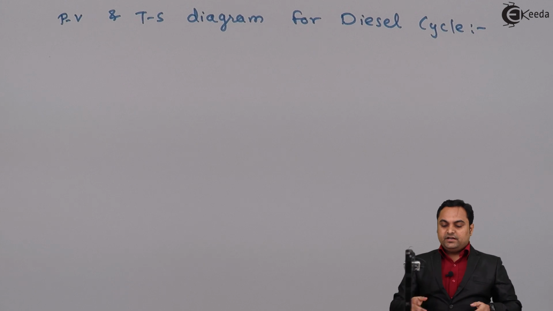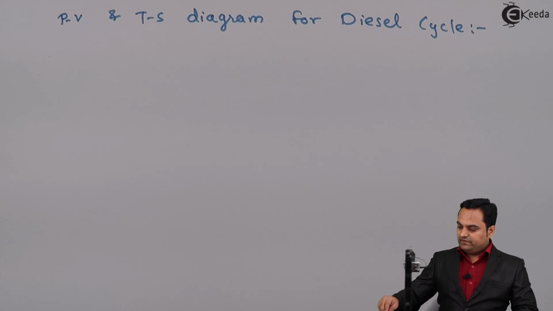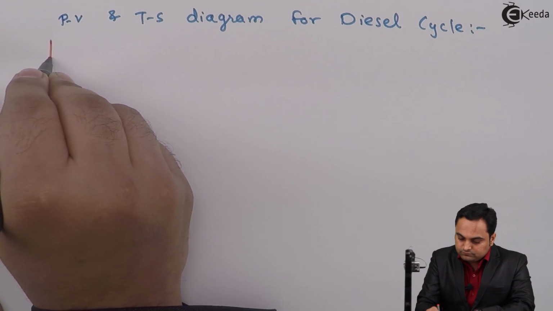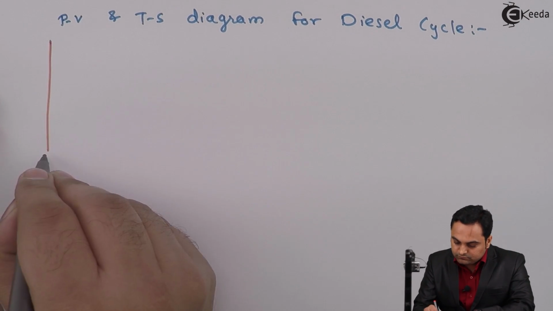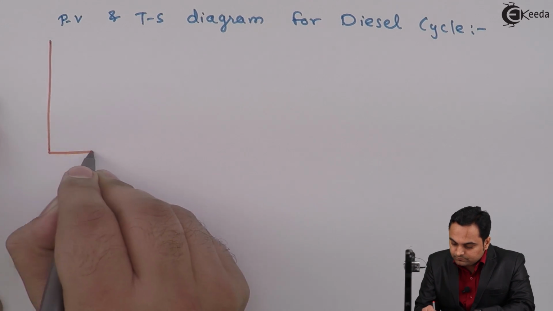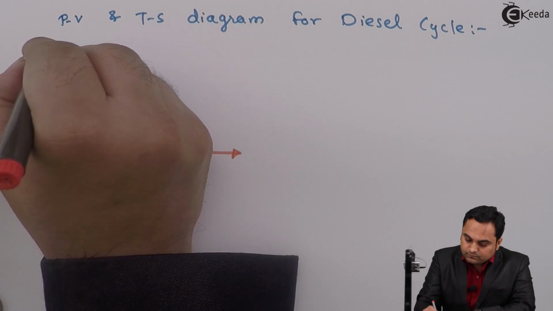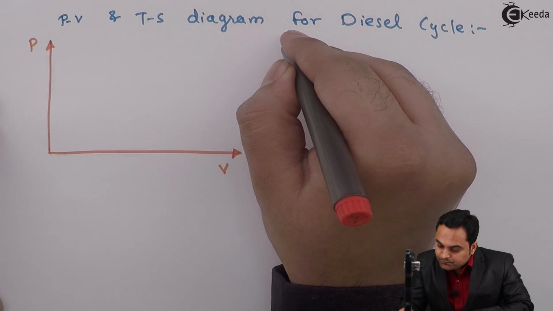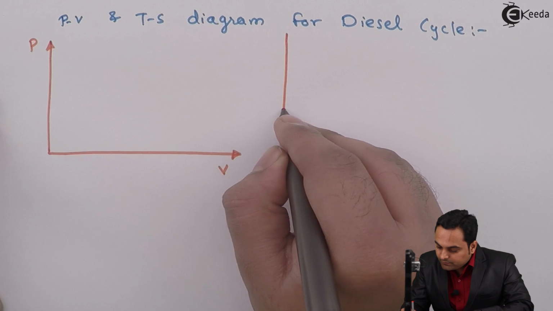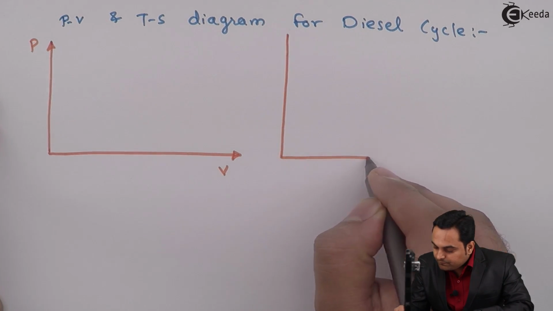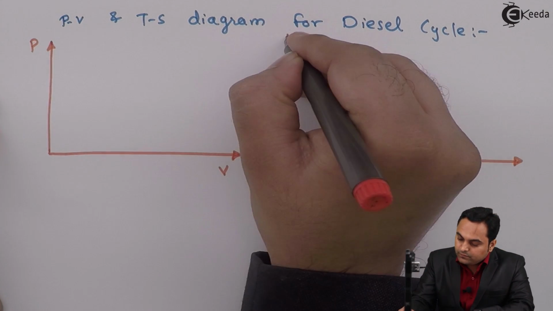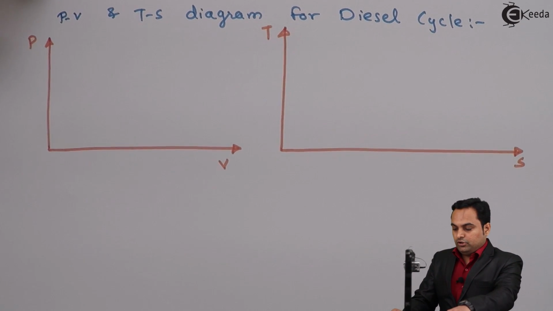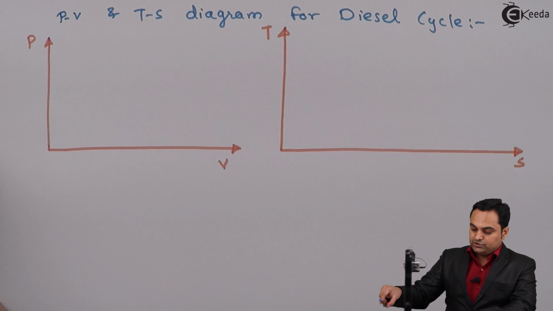Here I am drawing the PV and TS diagram of diesel cycle. PV is the pressure volume diagram, TS is the temperature entropy diagram. Now for diesel cycle, I'll write down the processes.